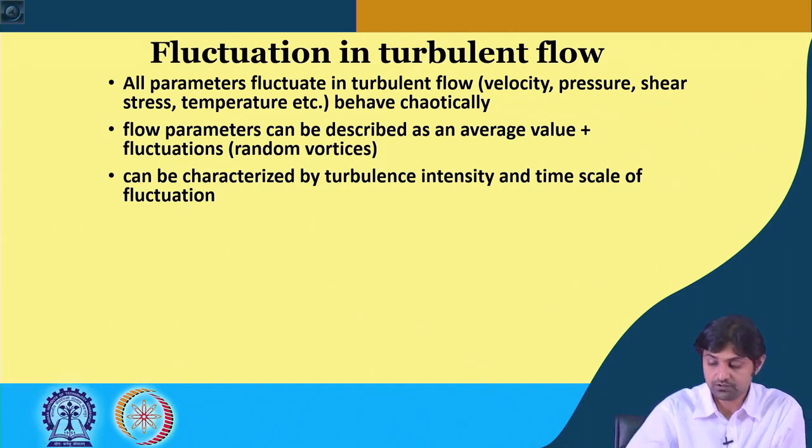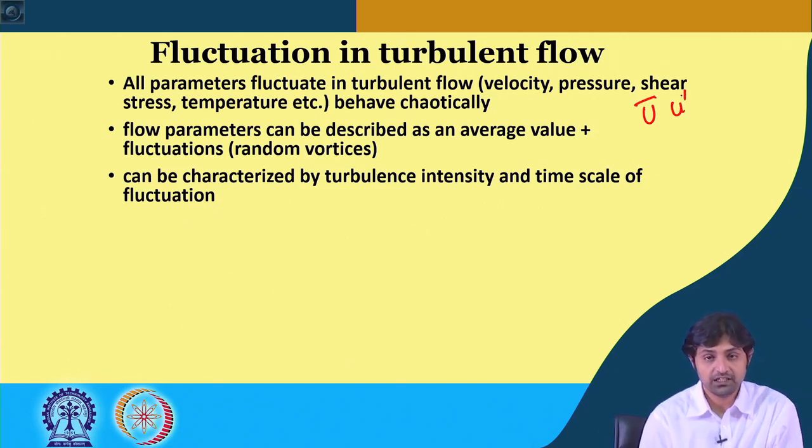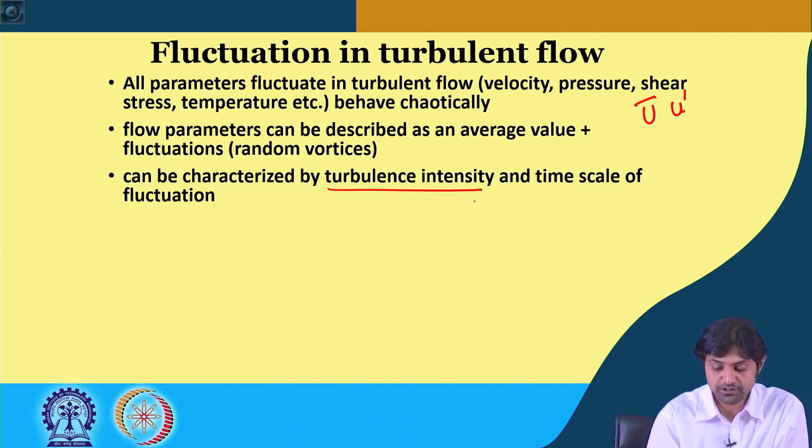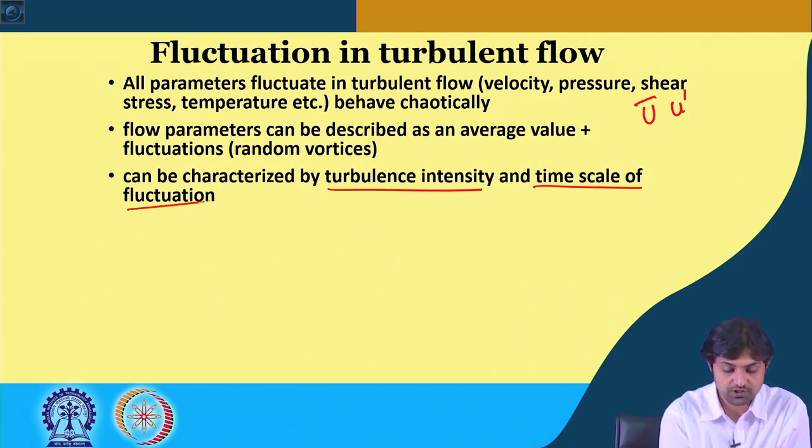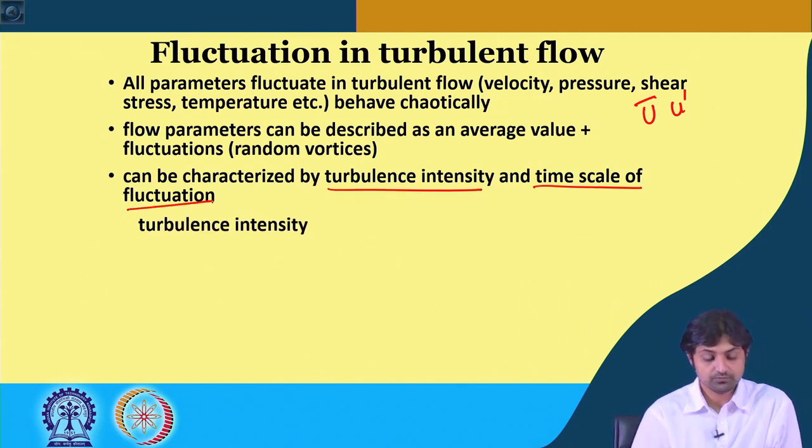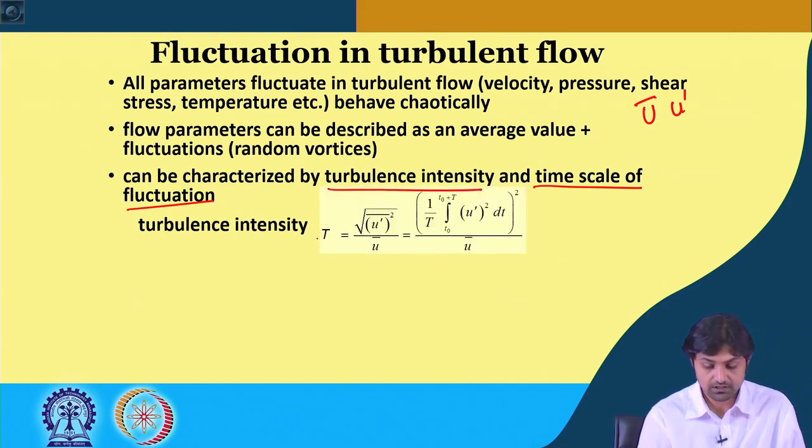You see there is bar and prime. They can be characterized by turbulence intensity and time scale of fluctuation. Turbulence intensity is nothing but the square root of the average of u prime squared, divided by the average value.